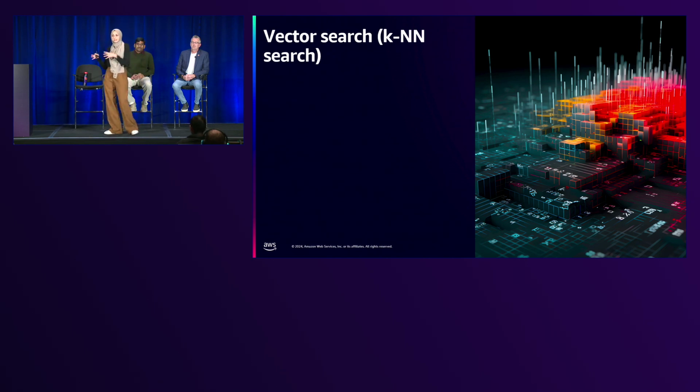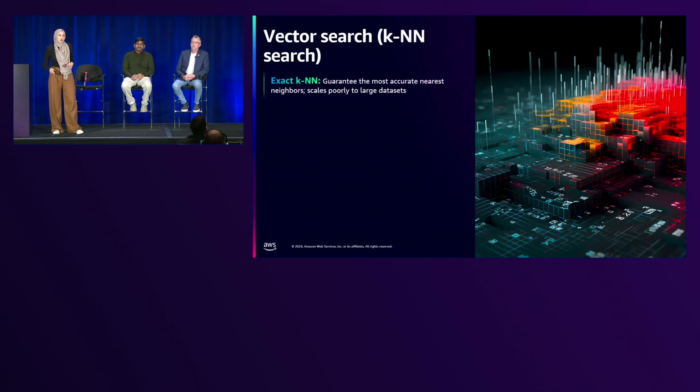And when we have a user query vector, KNN search, as the name entails, will find the k nearest neighbors in that same vector space. Now, the search operation can be exact or approximate. Exact KNN search will try to compare the input query vector to every vector in your index.